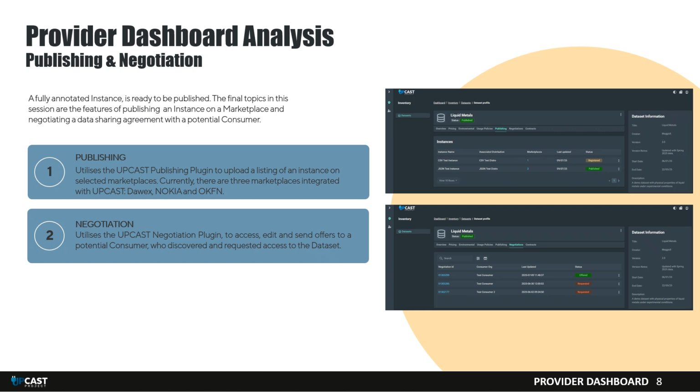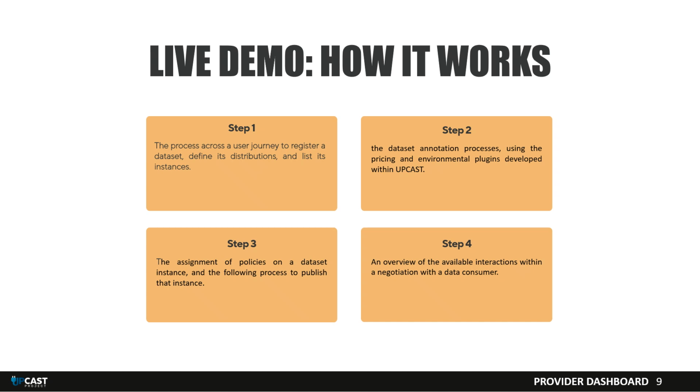Finally, when a published dataset is discovered by a consumer and a negotiation is triggered, the provider can monitor and run the whole process on the dashboard with the help of the negotiation plugin. A short demo of the provider dashboard will follow, in 4 steps. Step 1 presents the user journey to register a dataset, define its distributions, and list its instances.